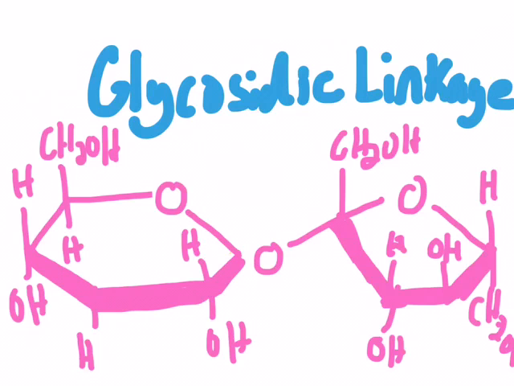So if we draw this right here, let's redraw this. As we can see, it's pointing down, which means there's an alpha 1-2 linkage.